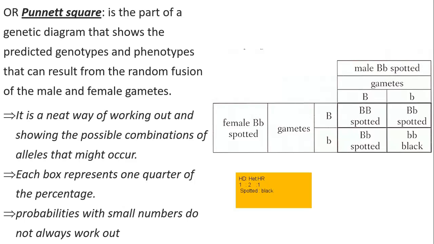We have 1, 2, 3. So it's going to be 3. And what's the ratio of the black offspring? It's going to be 1. So sometimes the phenotypic ratios are quite different than the genotypic ratios. Genotype is the genetic makeup, while the phenotype is the physical appearance. Okay.